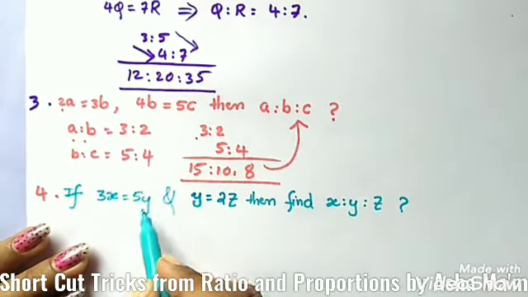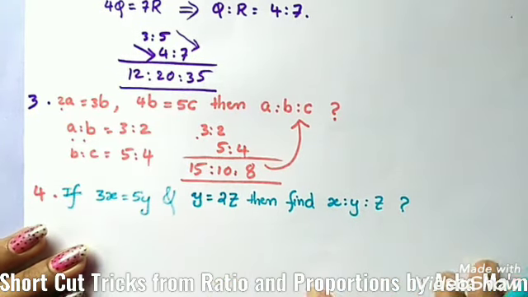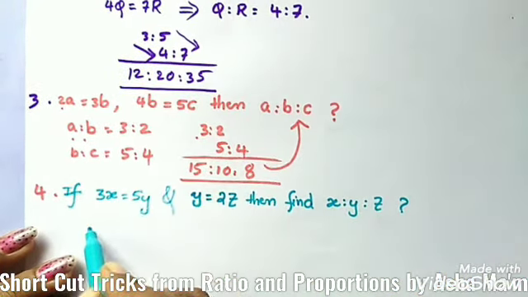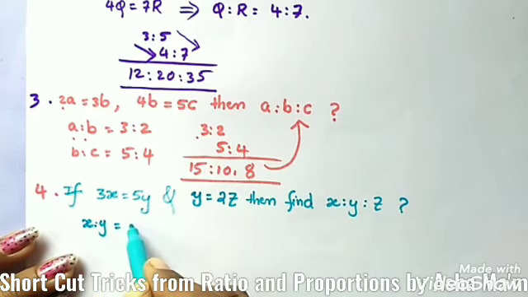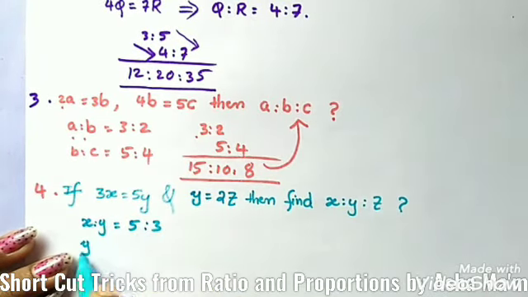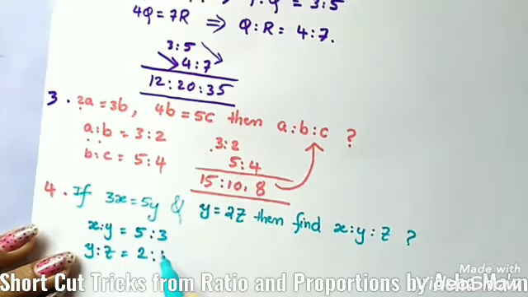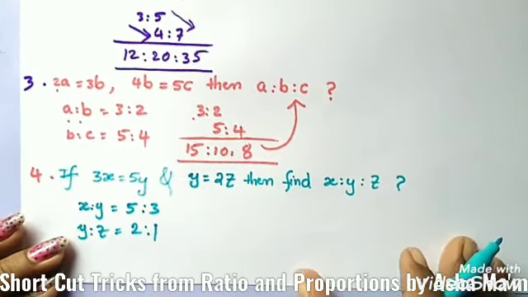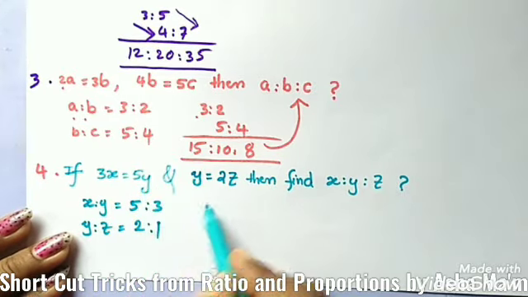If 3x is equal to 5y and y is equal to 2z, then find x is to y is to z. Now students, from this information you can write x is to y is equal to 5 is to 3, and y is to z is equal to 2 is to 1. This comes from the information 3x is equal to 5y.